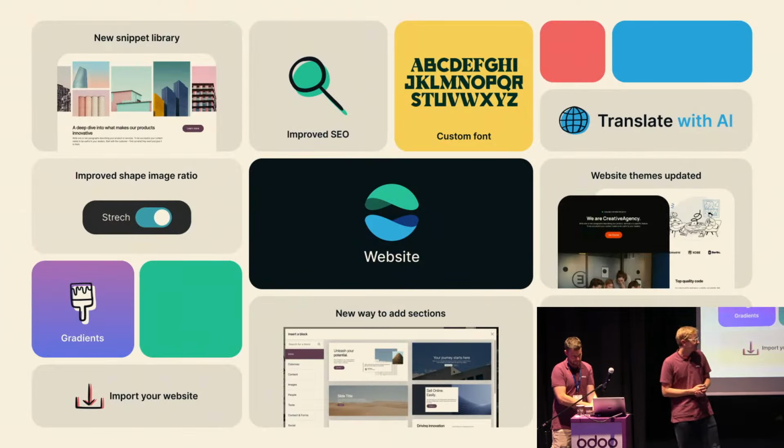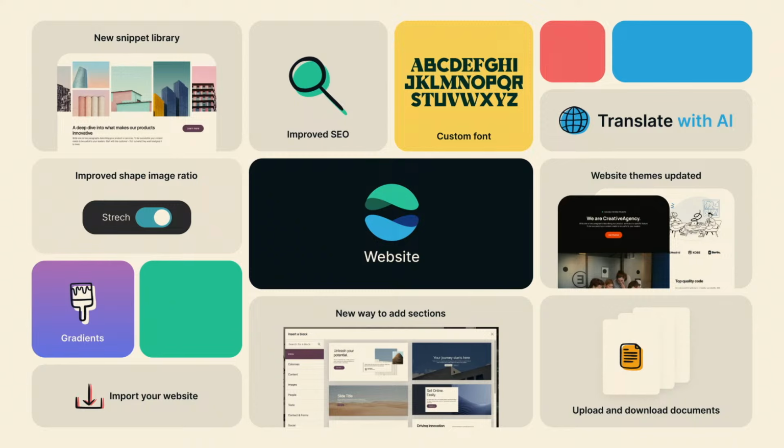So it's the end of this presentation. Let's just take a moment to recap all the features that we've presented. First, for Odoo 18, the biggest improvement is the redesign of the building blocks library. Of course, all the website themes have been updated to match the new building blocks, and the new selection window to preview your building blocks in real time.